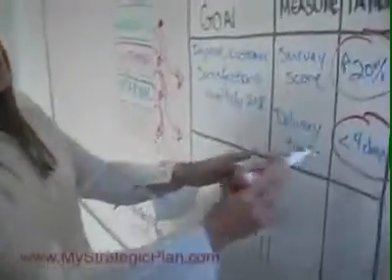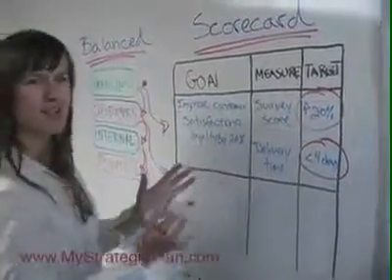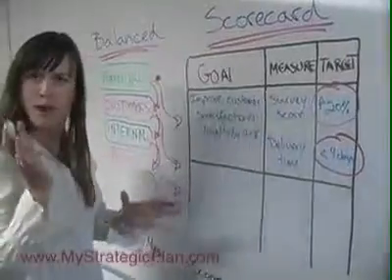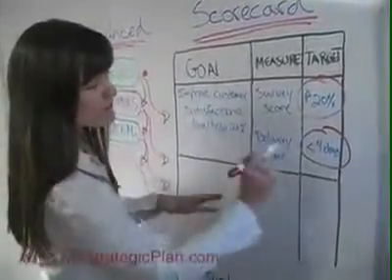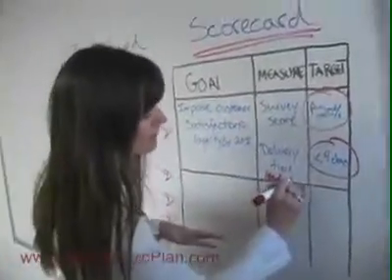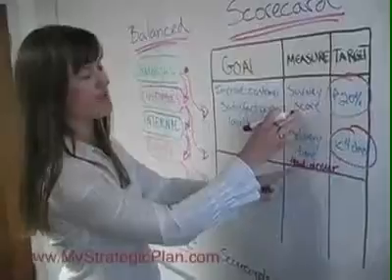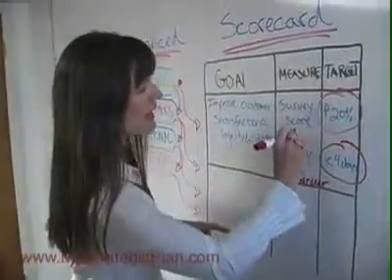These 2 different measures are pretty interesting, and this is also part of the scorecard. We don't need to get too confused about this, but just think about it. The delivery time is what we would call a leading indicator. It's a driver. It's telling us how we're doing before we actually get that customer satisfaction survey back. And this might be a lag.